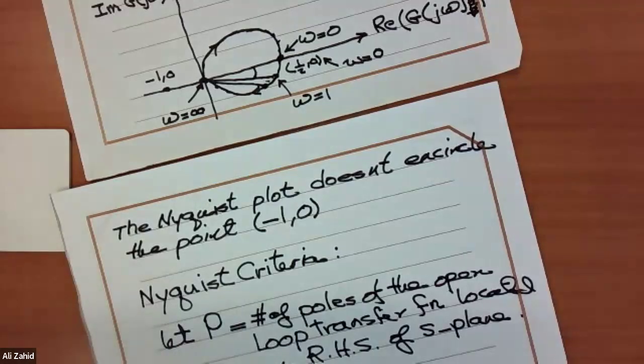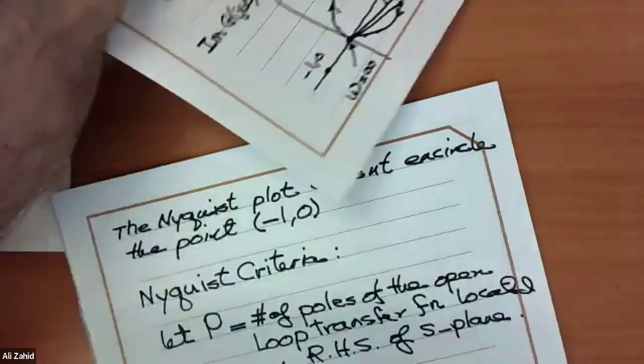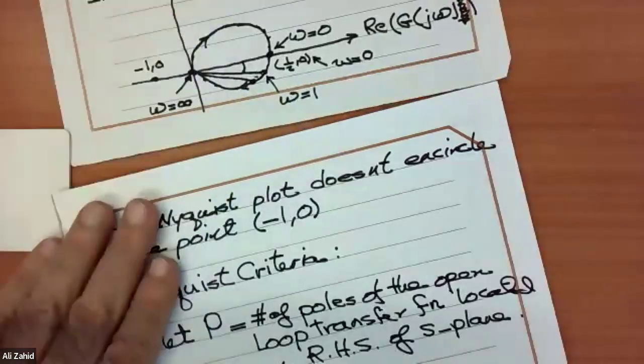Follow me so far? Yes. So what is it in our example? Let's look at it one more time. In our example, where is the pole? -2. Is it on the right hand side of the S plane?